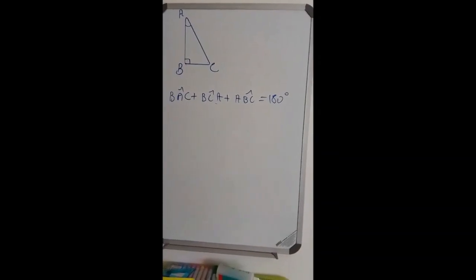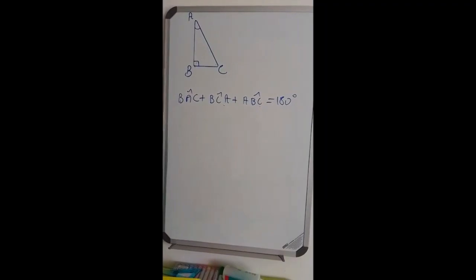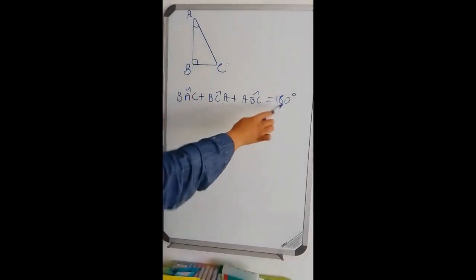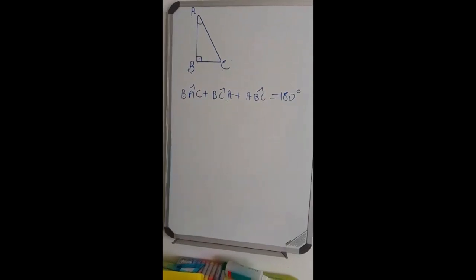All right, so if you remember, one of the principles of a triangle is that if you sum up all the angles of a triangle, they equal 180. So that means angle BAC plus angle BCA plus angle B all equals 180. So now this means that we can represent this angle in terms of the 90-degree angle.